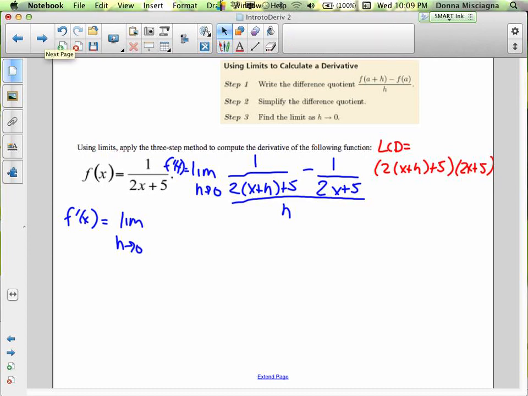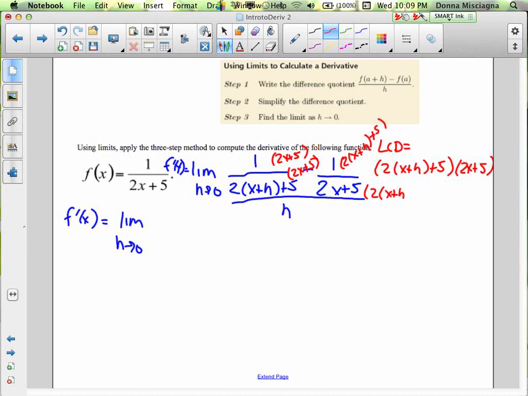This one is missing the 2x plus 5, so that needs to be multiplied by that in the numerator and denominator. And the other one is missing the 2 times x plus h plus 5, so we'll have to multiply the numerator and the denominator by 2 times x plus h plus 5.